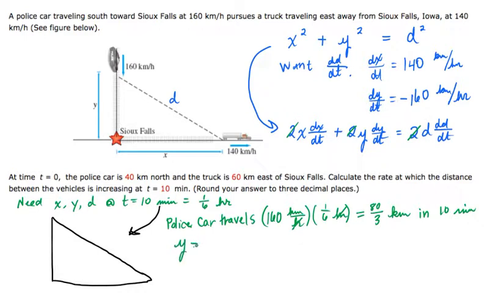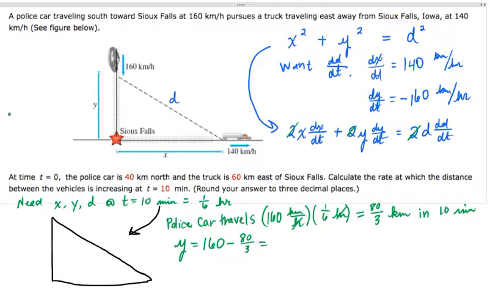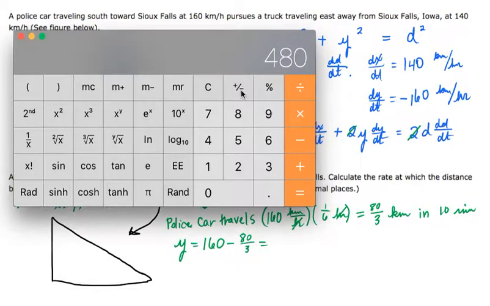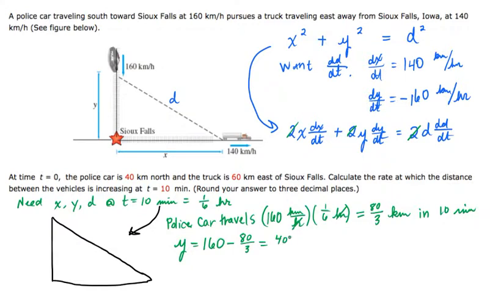So y is equal to his initial distance, which is 160, minus the distance that he has traveled, or 80/3. So let's get a common denominator there. So 160 times 3 is 480. And then I'm going to subtract 80/3, so we get 400/3 kilometers. There we go.